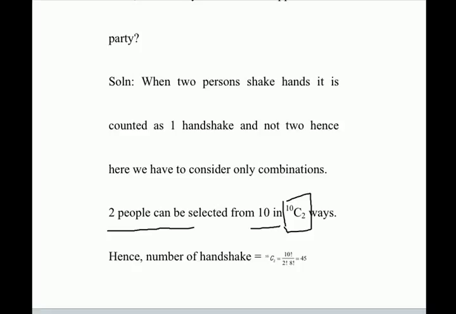So you are selecting 2 people because it's 2 people who are shaking the hand, and you need to find out how many handshakes happen, which will be the same as the number of ways in which 2 people can be selected out of 10, and that is 10C2, and that is equal to 10 factorial divided by 2 factorial into 8 factorial, which basically is the same answer you got earlier, 45.